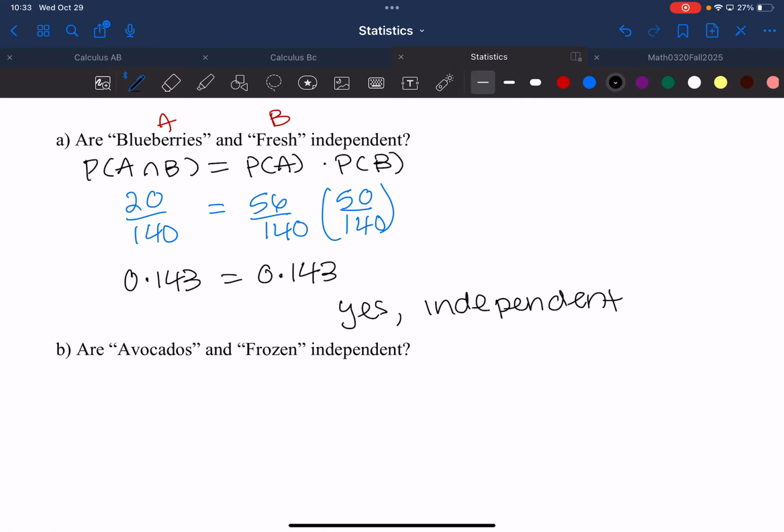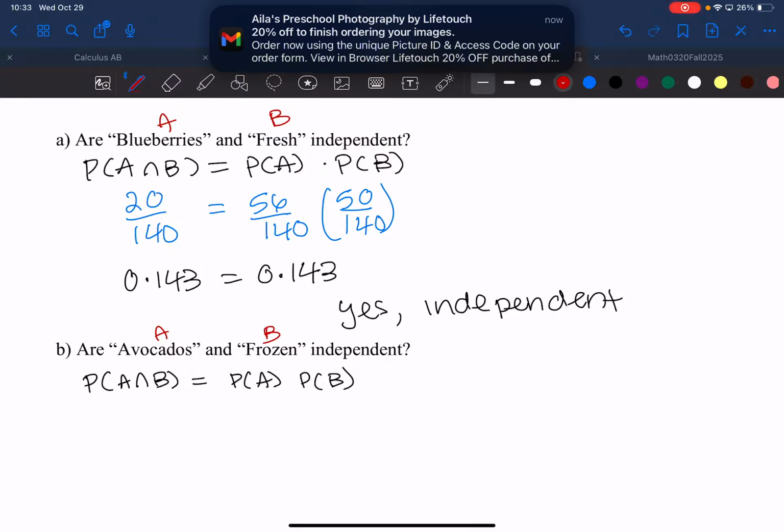Okay, so let's do the same thing for the next one. Are avocados and frozen independent? So let's use probability of A intersection B is equal to the probability of A times the probability of B. Okay. Let's have A be avocados and B be frozen. So what's the probability of both avocados and frozen?